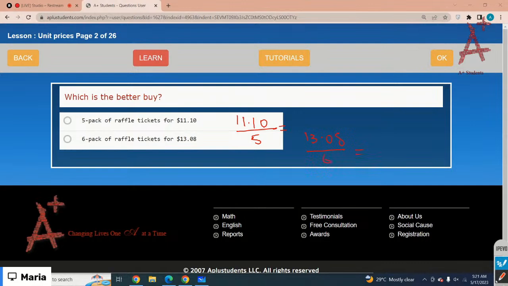Okay, 11.10 divided by 5 is 2.22 and 13.08 divided by 6 is 2.18. This one is less. That means the 6-pack of raffle tickets for 13.08 is a better buy than the 5-pack of raffle tickets for 11.10. Got it? That would be the second option.